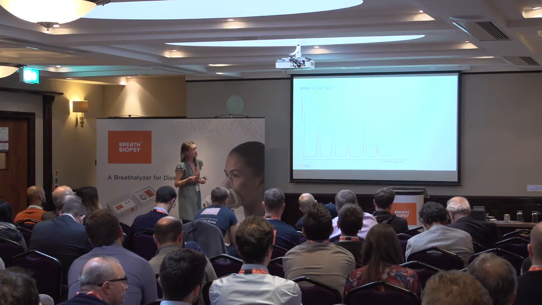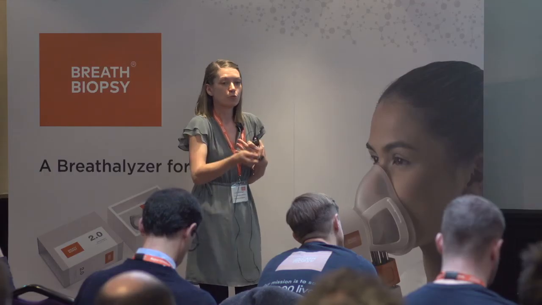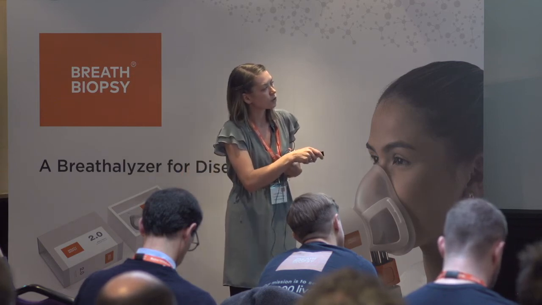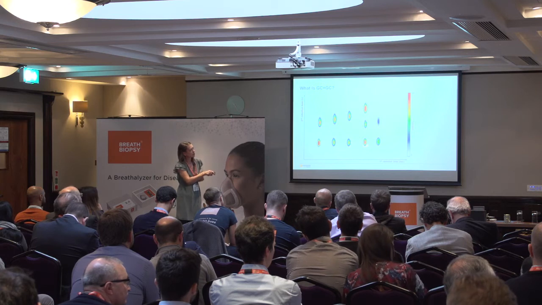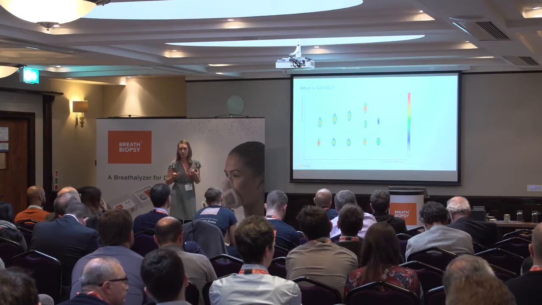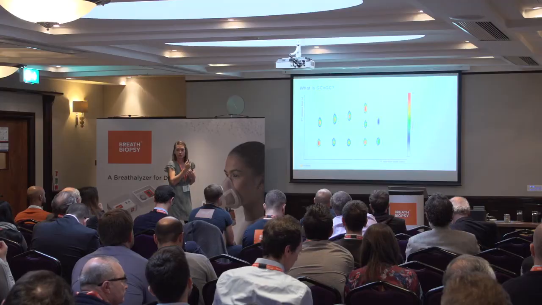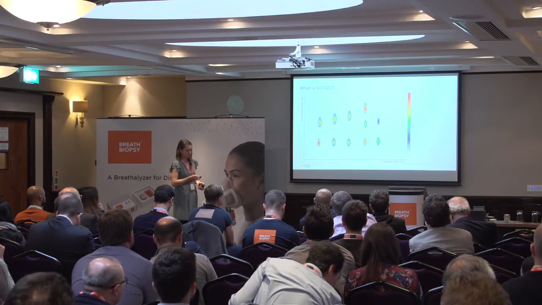With GC×GC, you can get improved separation of your sample. So instead of having the coelutions, you separate out peaks. For those who aren't familiar with GC×GC, here each colored spot is representing a peak with the height of the peak represented by the color intensity. So the more red, the larger the peak, the more intense it is.